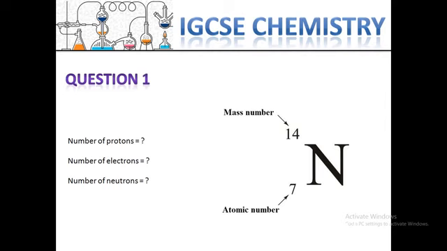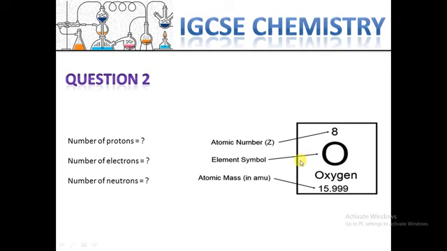So here are your questions. Question number one, I gave you an example, nitrogen, where the mass number is 14 and 7 is the atomic number. You need to find how many protons it has, how many electrons it has, and how many neutrons it has. You can do the same for question number two, which is oxygen.